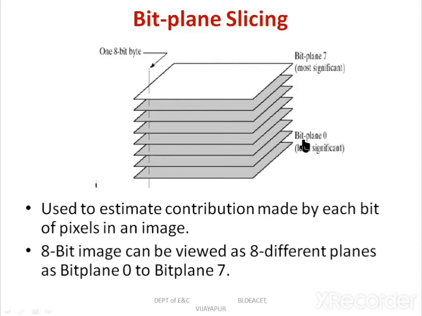Bitplane 0 is made up of only the LSB bit of all the pixels of the image. Similarly, bitplane 1 will contain the second bit of all pixels of the image. Like that, bitplane 7 will consist of only the MSB of all the pixels of the image.